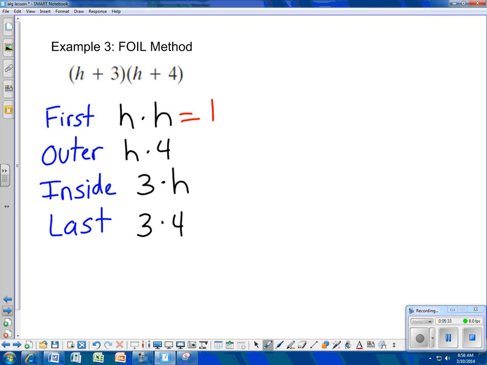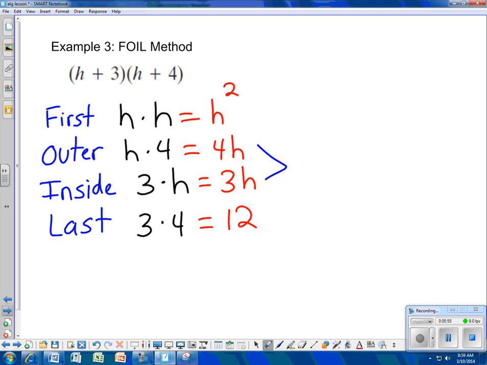So h and h is h squared. h times 4 is 4h. 3 times h is 3h. And 3 times 4 is 12. Now you'll always combine the two in the middle, the 4h and the 3h.